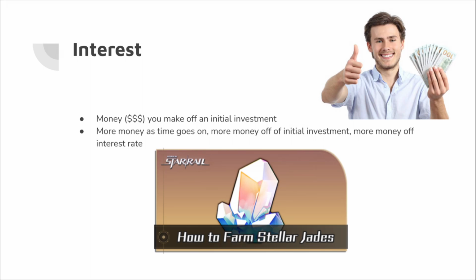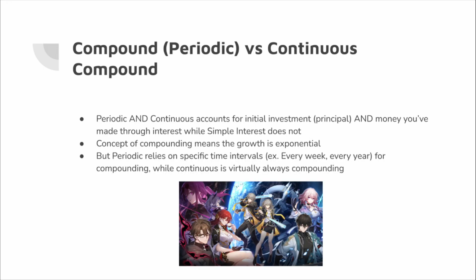And let's move on to periodic, which is another name for just compound, versus continuous compound interest. So periodic and continuous interest account for the initial investment, or the principal, and also the money that you have made through the past investments, right?